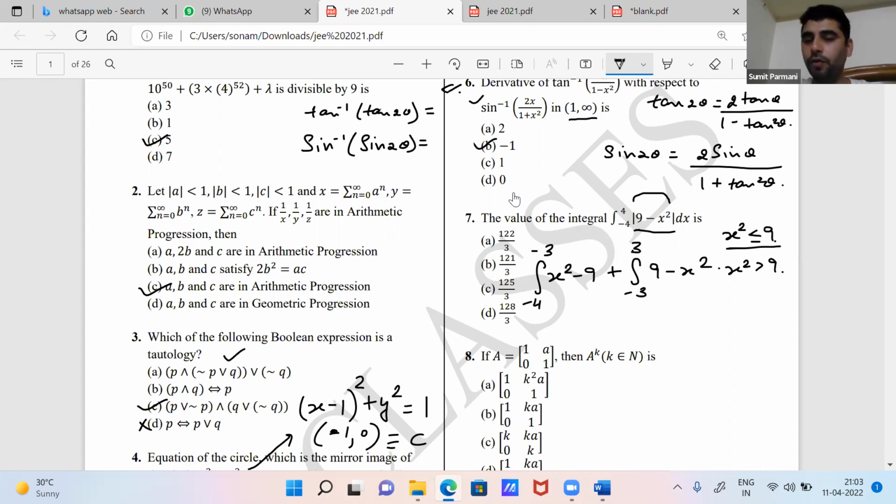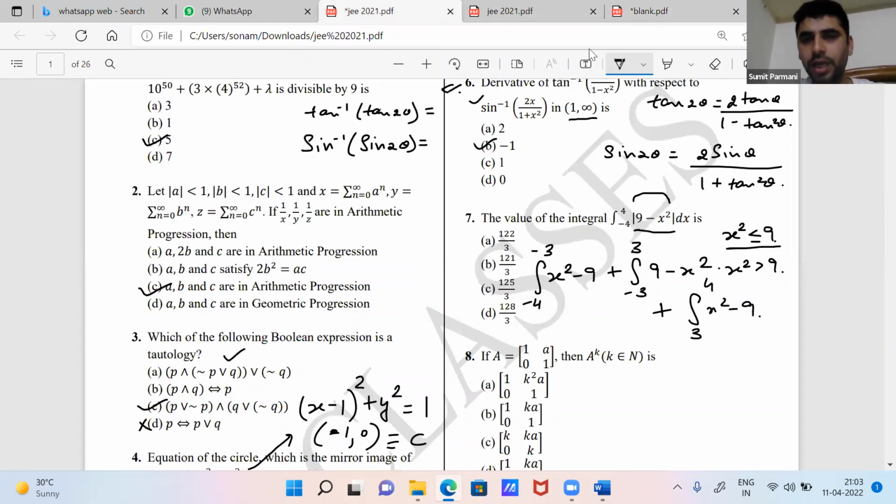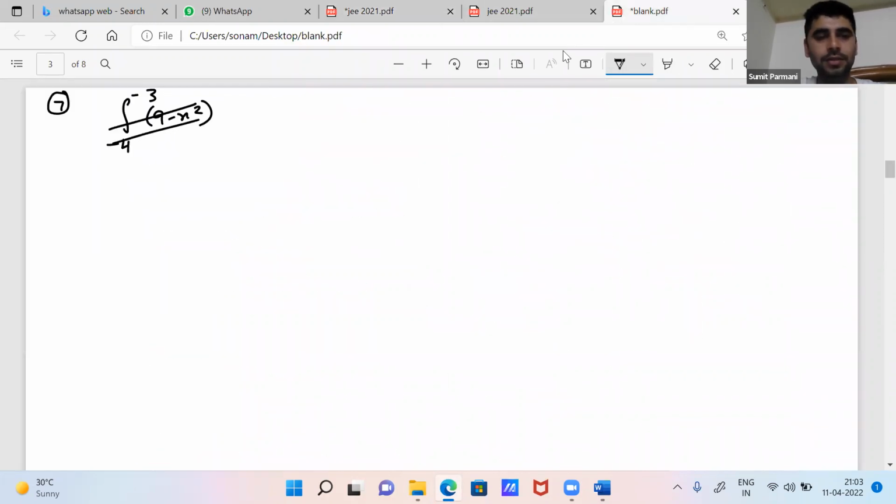Then again from 3 to 4 it is x square minus 9. So for the seventh one, from -4 to -3, we have to write 9 minus x square dx. Sorry, x square minus 9.